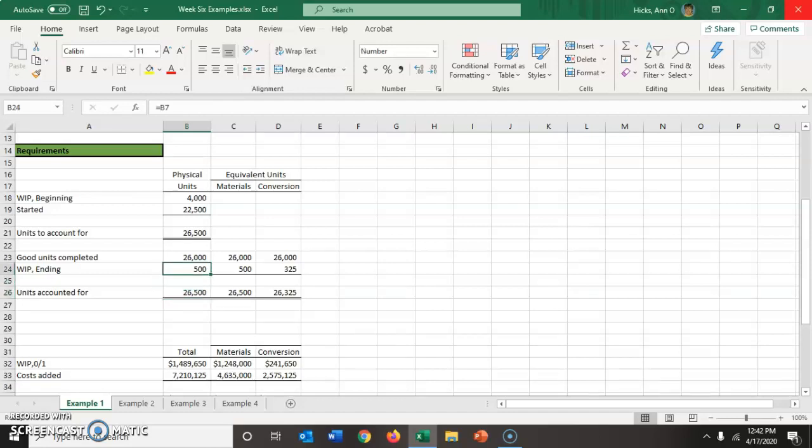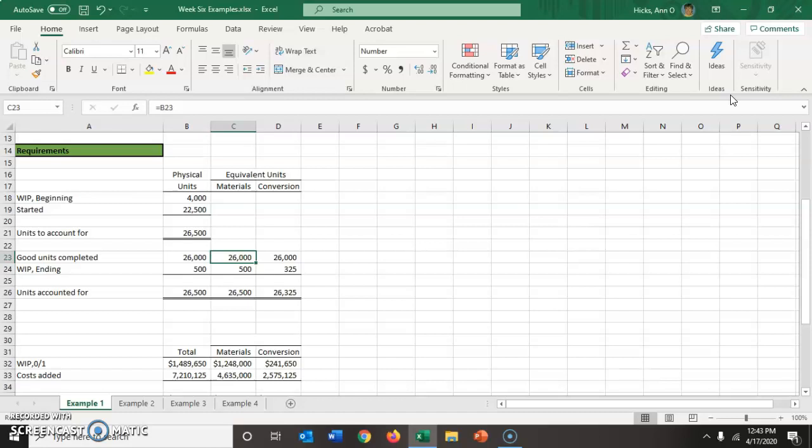Again, no spoilage here. Every unit was either a good unit that we completed or it's sitting in WIP to be completed the next year or next month in this case. So what we basically need to do is calculate the number of equivalent units associated with the good units and ending WIP. Now, good units completed is really a piece of cake.